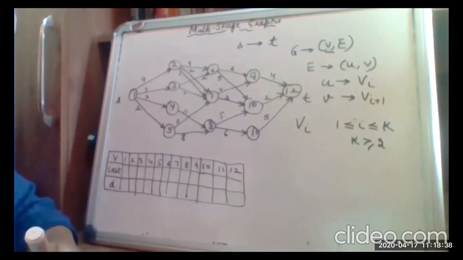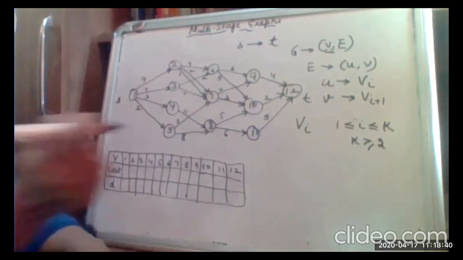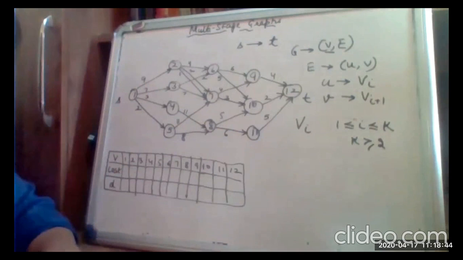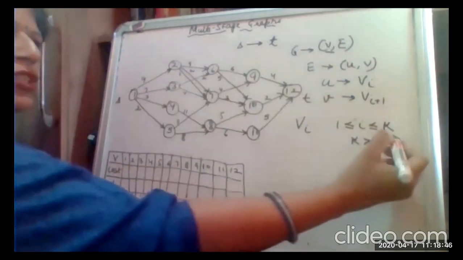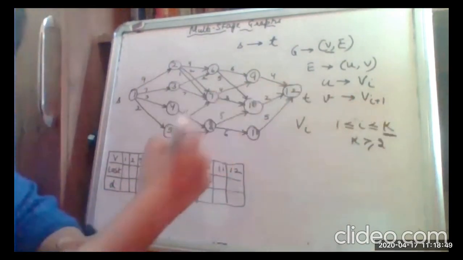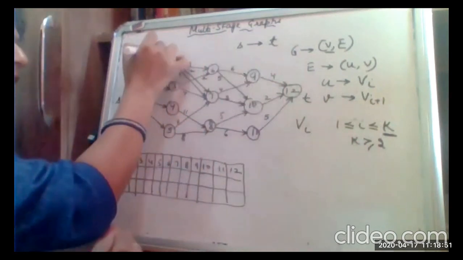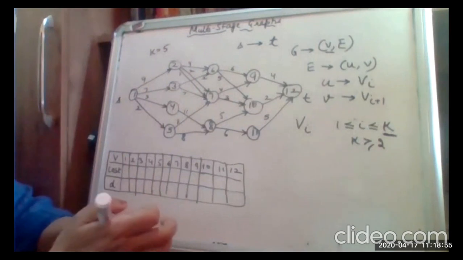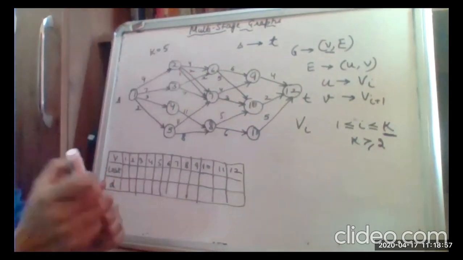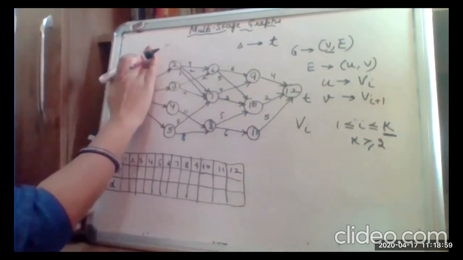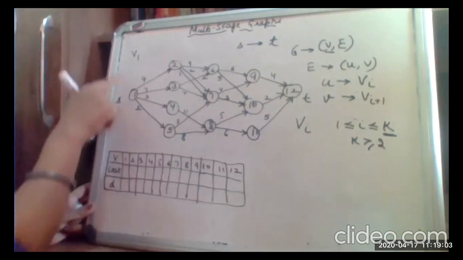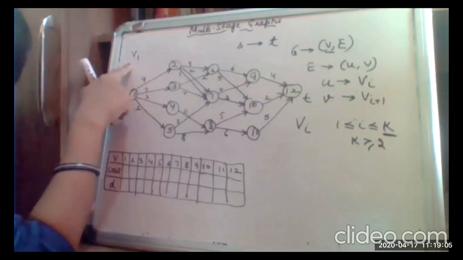So in this case we have 5 stages, so the value of K here is 5. That means we have divided the vertices into 5 stages, where the first vertex is in the first disjoint set of vertices.